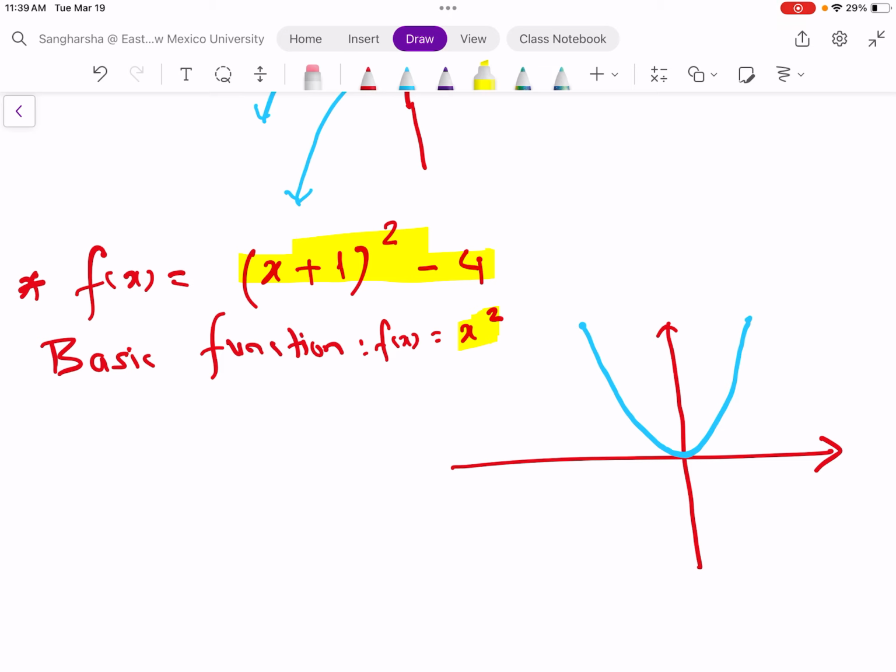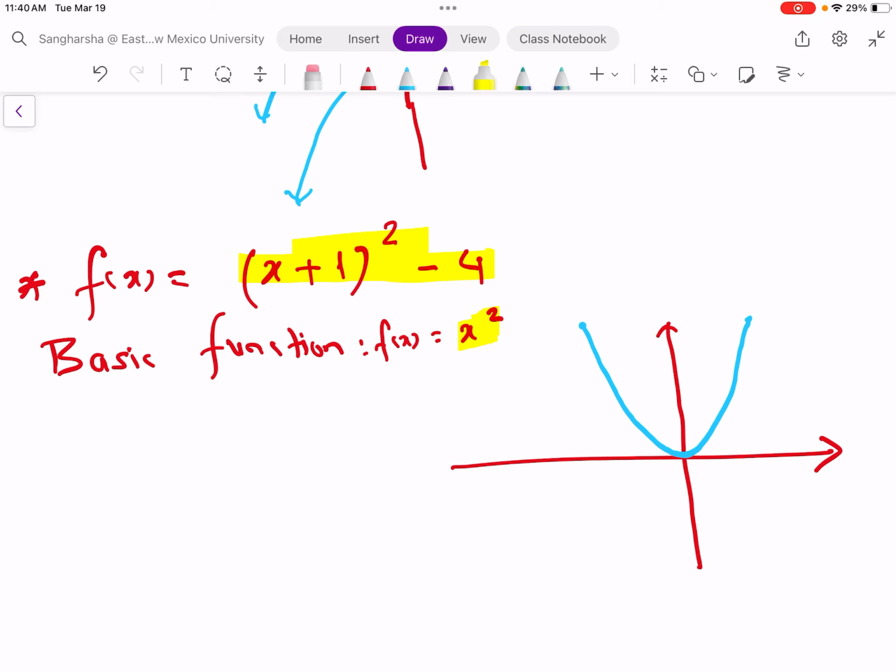You are allowed to add a number, you are allowed to subtract a number, and you are allowed to replace x of a function. Now, let's compare these two things. What do we need to do to get (x plus 1) whole squared minus 4 from x squared?